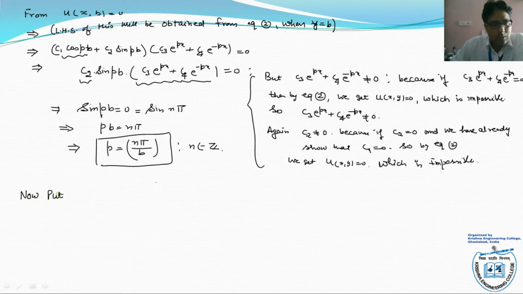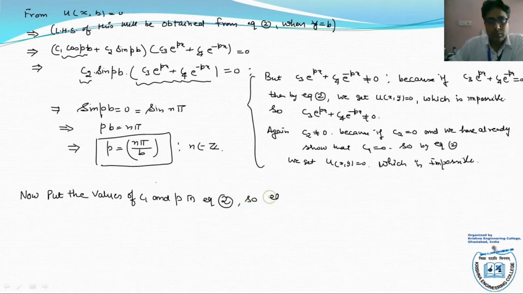Now put the values of C1 and p in equation second.